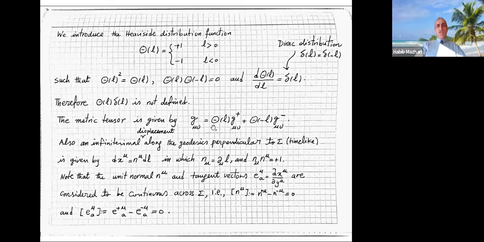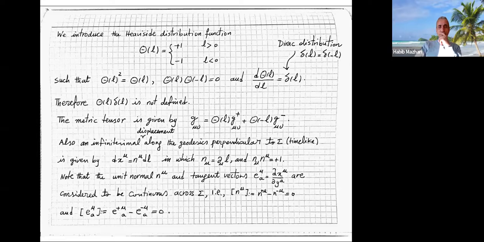We don't say what g_μν is exactly at l equals 0, but we know what happens to g_μν when l is positive or negative. This expression doesn't tell us whether g_μν is continuous or not. It only gives us the metric tensor inside the M minus and M plus manifold.